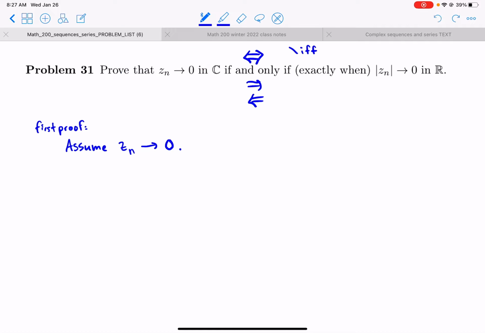Okay? So assume z, and then I'm going to explain to my reader, carefully explaining what I'm going to need to do. Need to prove that the z_n goes to 0. And what does that mean? I'm going to carefully explain.